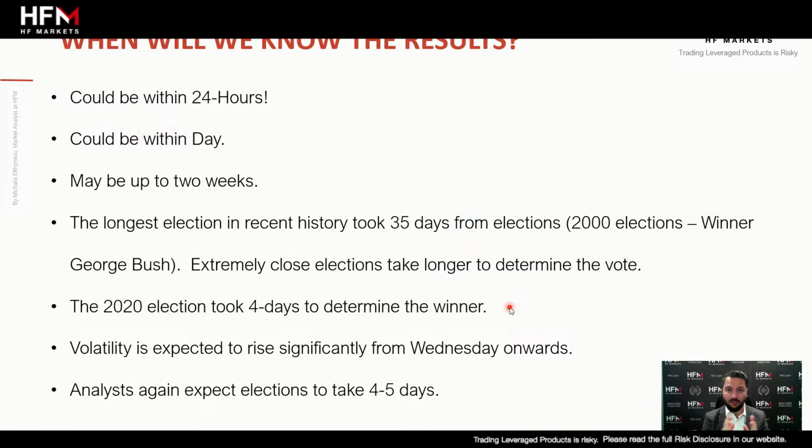Because it's so tight, they could very easily swing towards Trump or they could swing towards Harris. So by Thursday, we will most likely have a much clearer picture of who is going to be the next president. That's where most of the volatility will take place, because that's where the market starts pricing in the next president.